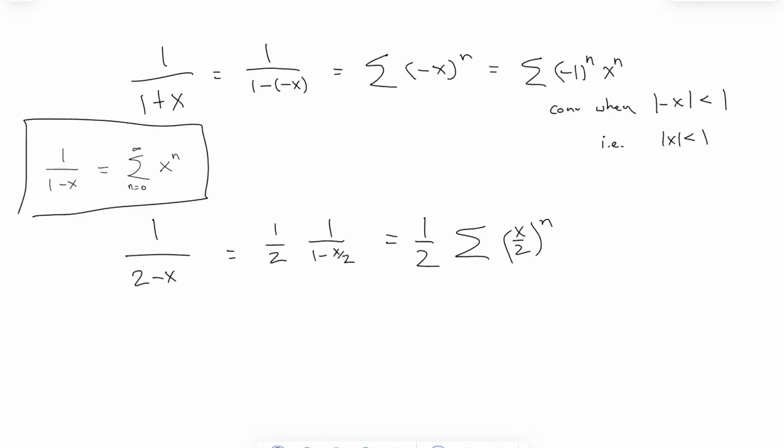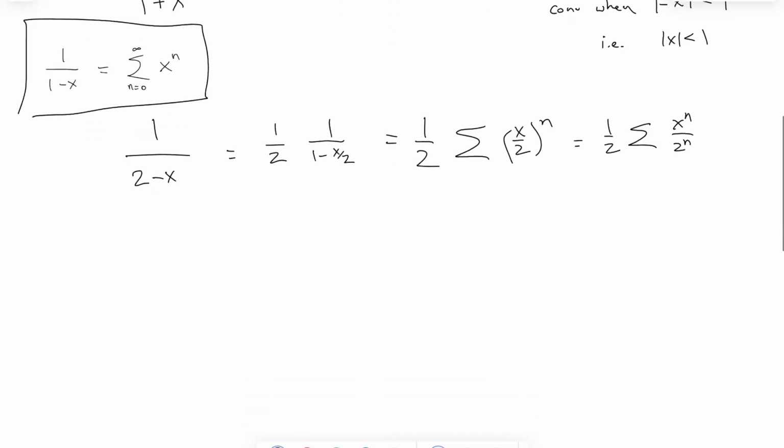And then again, as usual, I like to write this as something times the power of x. So I'm going to do the nth power on the top and the bottom. It says 1/2 the sum of x to the n over 2 to the n. And then, just for fun, I'm going to put the 1/2 back in. A constant can move through a summation sign. That's really the distributive property.